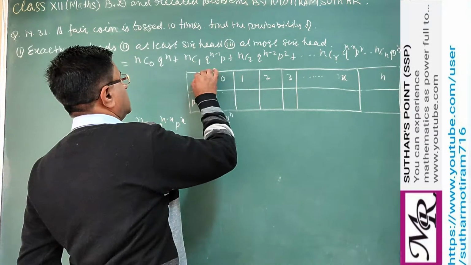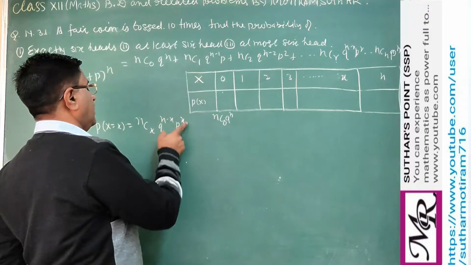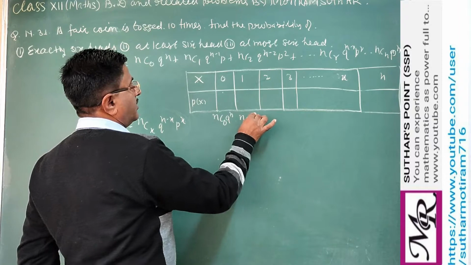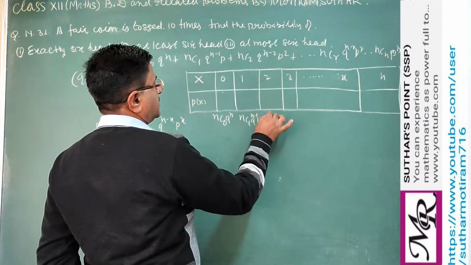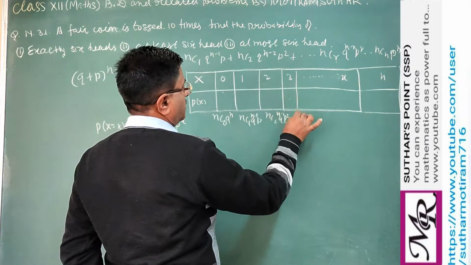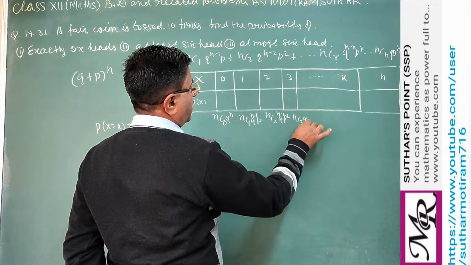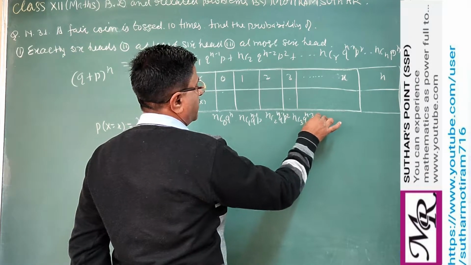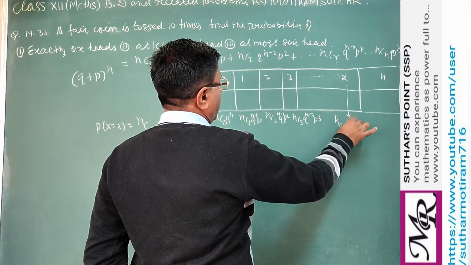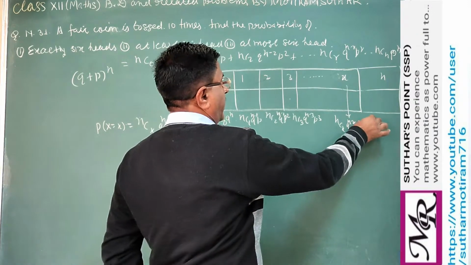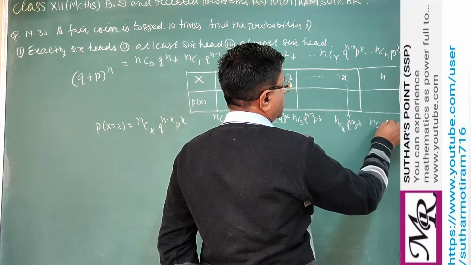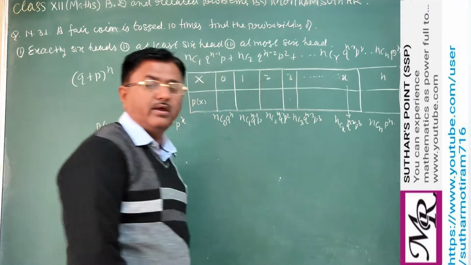Now if x is 1, you put x as 1 in this formula, then you get nC1 q power n minus 1 p, nC2 q power n minus 2 p square, or if you put 3, nC3 q power n minus 3 p power 3, or x, then nCx q power n minus x p power x, then nCn q power 0 and p power n.